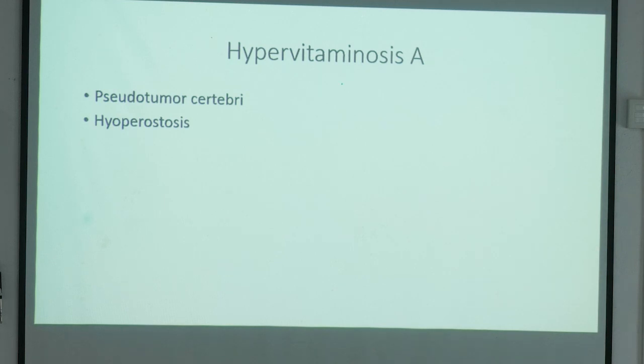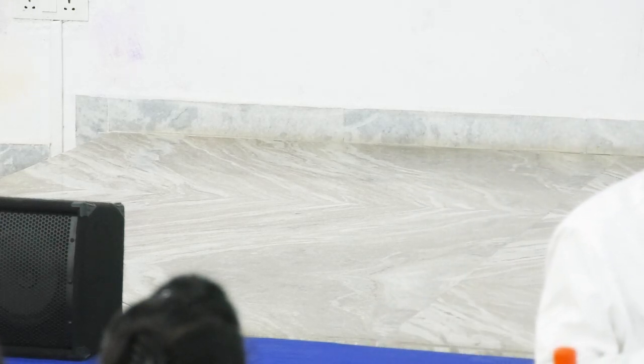Now, there is another term, hypervitaminosis A. Sometimes if you give an excessive dosage of vitamin A, that can give rise to hypervitaminosis A. Two important considerations. One is pseudotumor cerebri. It looks like benign intracranial tension. There are some substances which can give rise to benign intracranial tension. They are not really raising intracranial tension.